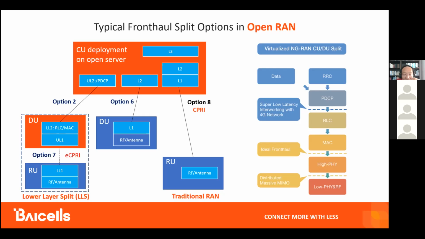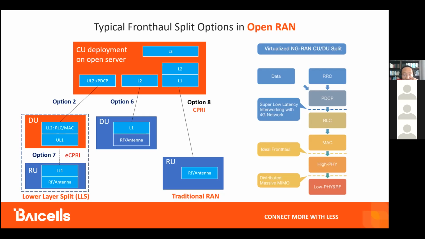Option 8, again, is the split between RF and PHY. When you split between layer 1 and layer 2, it becomes option 6, where the DU handles layer 1 and RF functions, and the CU handles the rest.